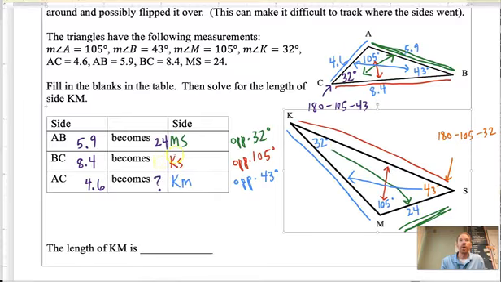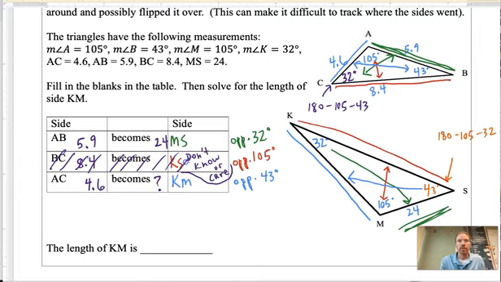Since I don't know and I don't care about KS, I can ignore this entire row. I could figure out KS, but I'm not asked for it. So essentially, I've got the top row, I'm going to take the numbers here, and I've got the bottom row, and I can set up a proportion.